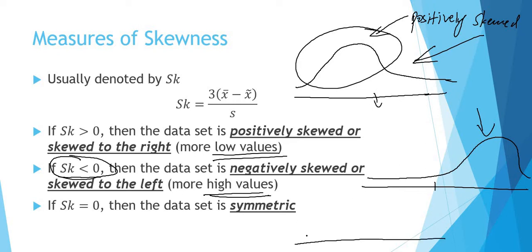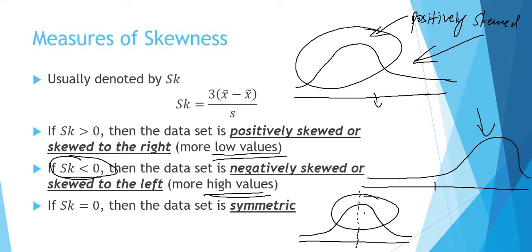Somehow it looks like this. More of our data are in the center. It's not more left or more right. It's more in the middle. Skewness is equal to 0, therefore our data is symmetric.